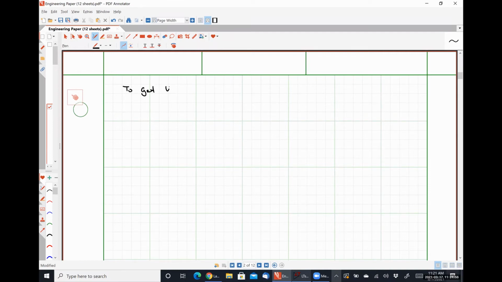To get our upper trigger level, which is defined as the voltage at which our output changes from low to high, we simply solve that circuit for V in when V out is equal to VCC minus.